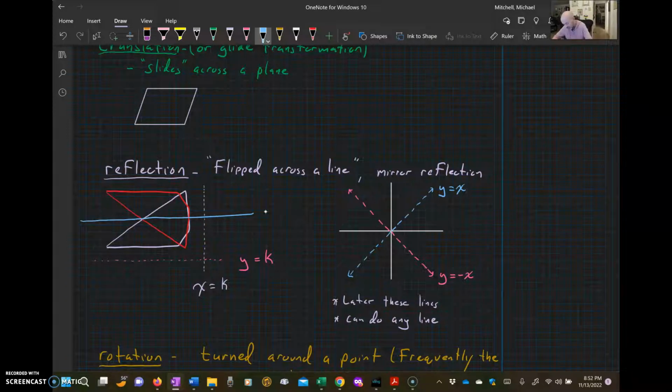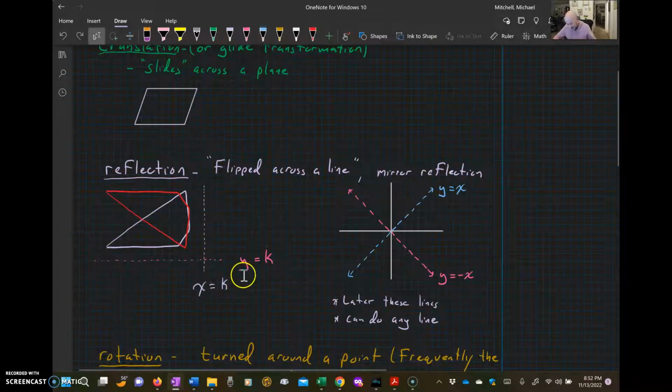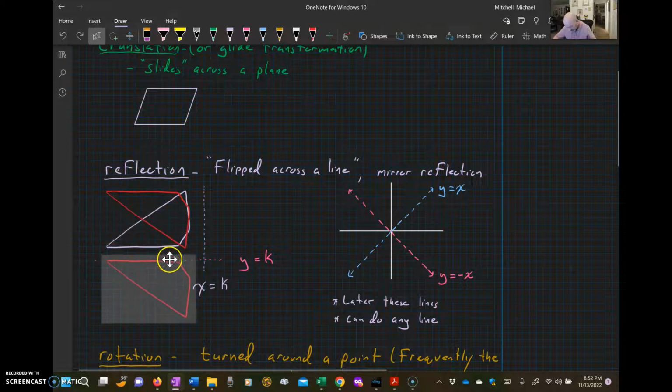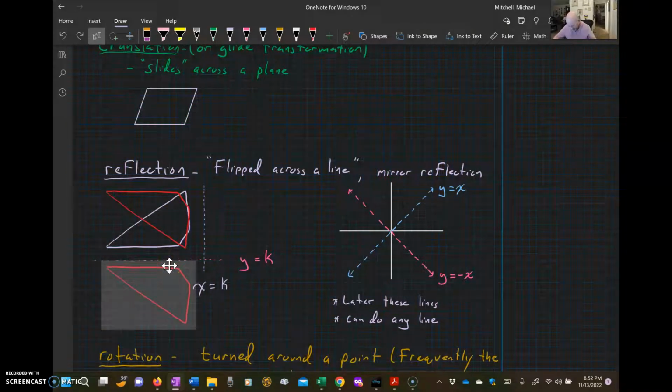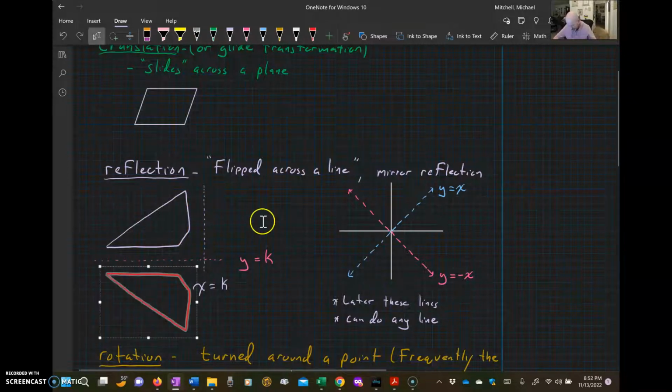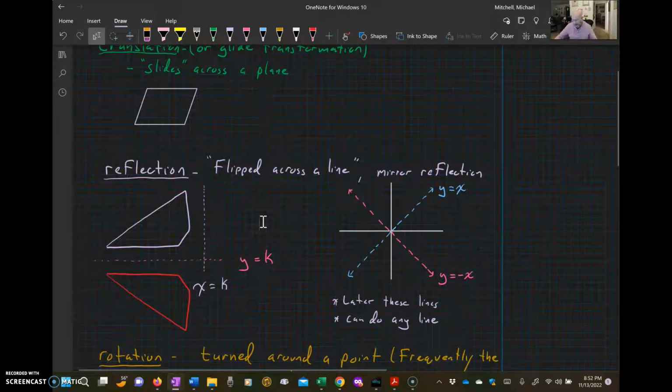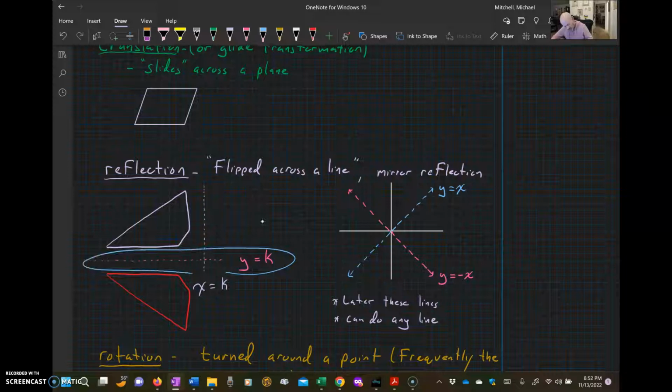That's a little harder to see. I'm going to take that, and I move it down here, right about there, and we got it. Now, that's flipped across this y equals k line here.